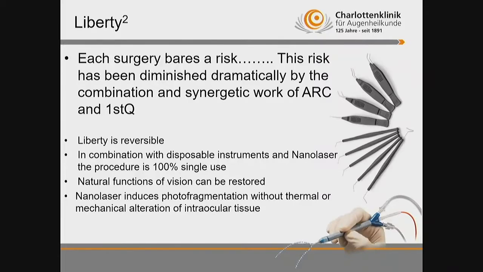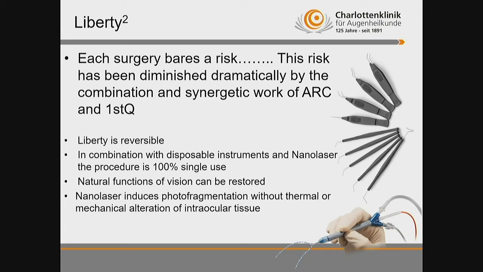So to sum all this up, I think the add-on system, and in this case the Liberty Square, if it comes to the combination of monofocal endocapsular IOL and multifocal add-on, minimizes the risk and maximizes the liberty of the surgeon and the patient to adapt an IOL system to the refractive needs you are facing with.